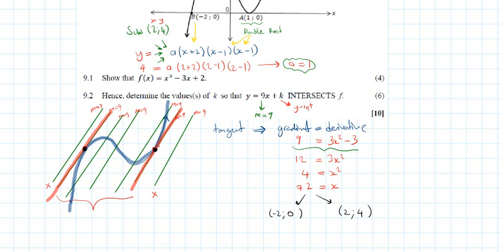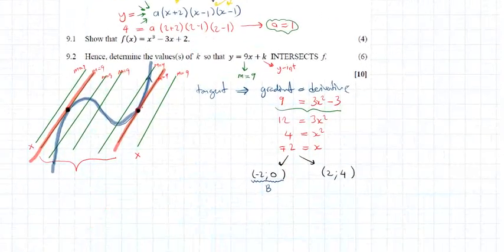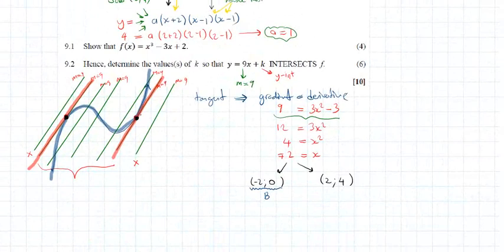We don't really need to name them, but I know this other point is point B. It's the x-intercept. I can see that. And the other point is 2 and 4. Oh, it's actually C. Interestingly, they already gave us both these points from the graph.